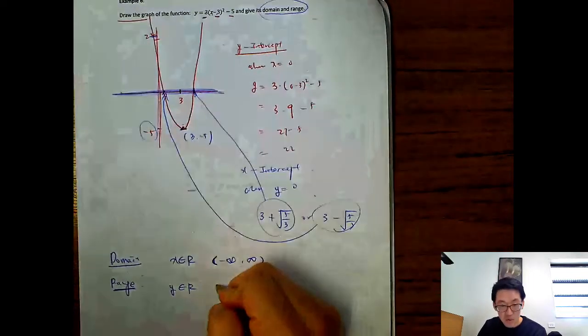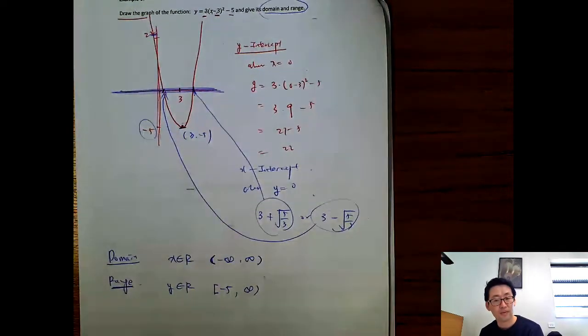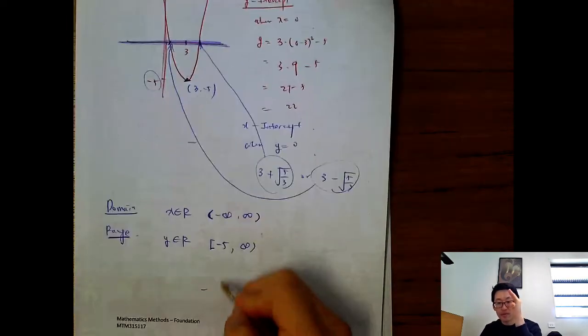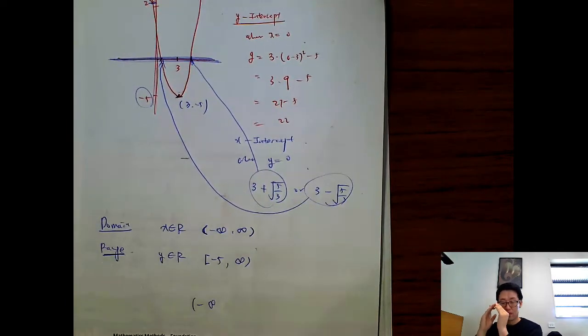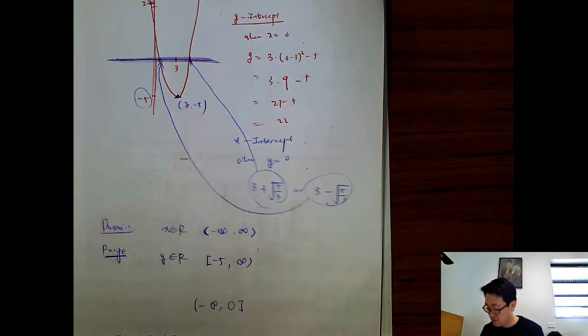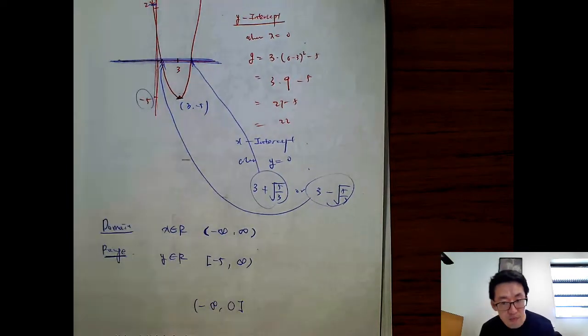We include it? Yes, include. Simple enough? Yep. If we have the graph like that, we'll probably have negative infinity excluded, and then whatever the turning point here, y value is going to be here. Sounds good? Okay.